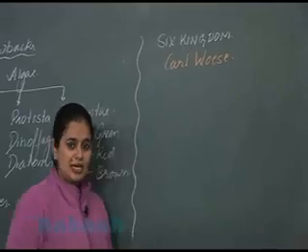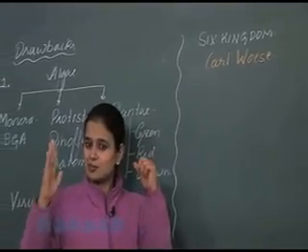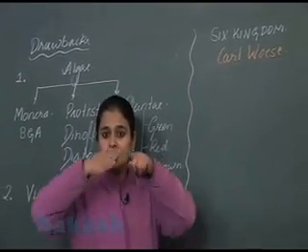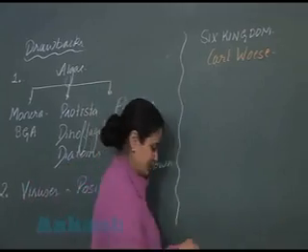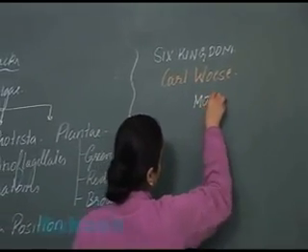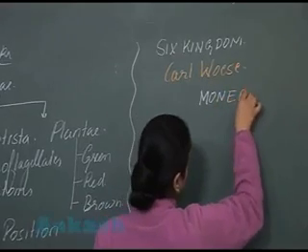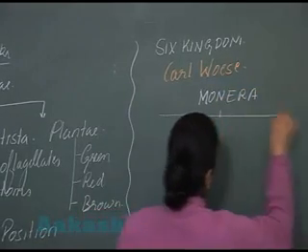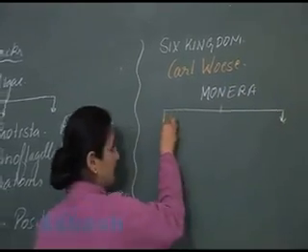What he did, he divided Monera, that is the prokaryotic kingdom, into 2 kingdoms.